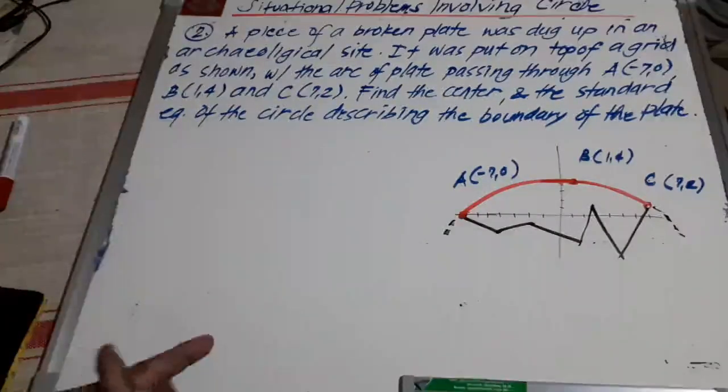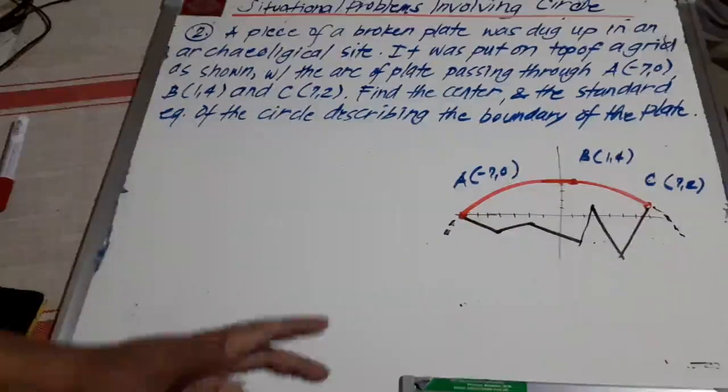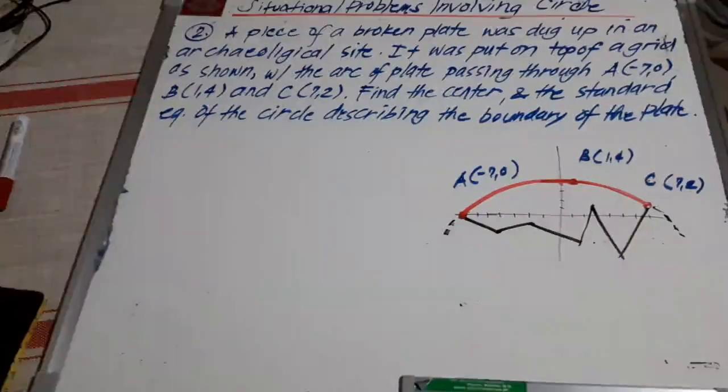Actually, there are two methods on how you're going to solve this problem. One method is we use the standard form of a circle. We plug in all of these points one by one, and then we solve the values of h, k, and r by elimination method.